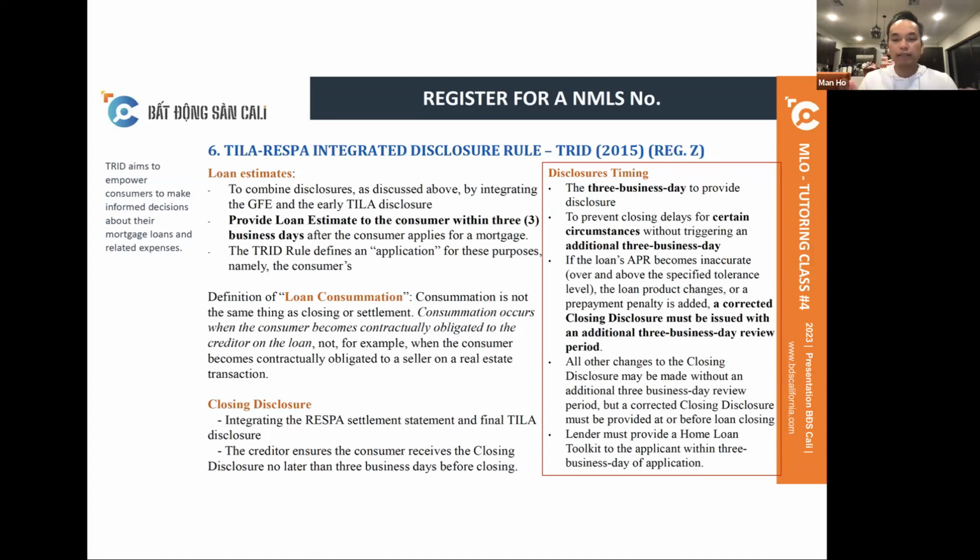Let me explain this a little bit clearer. Consuming a loan means you apply for a loan, you close that loan application, you complete the process, and then you move to the next stage. You pay for the loan. That is, you consume that loan. Is that clear? So when you make an offer for a property, you haven't consumed that property yet.